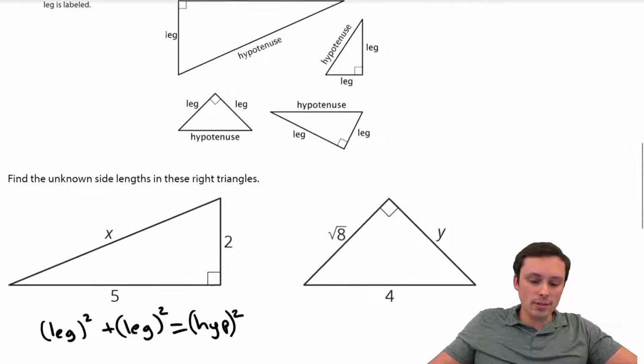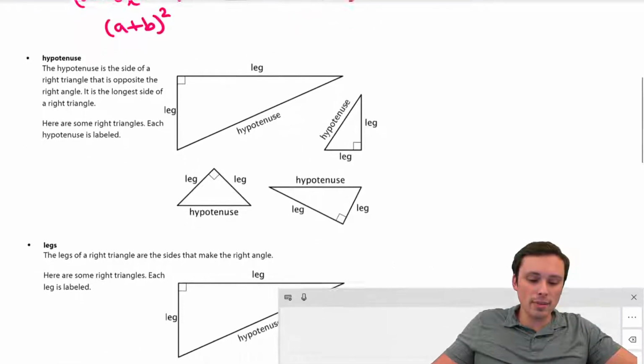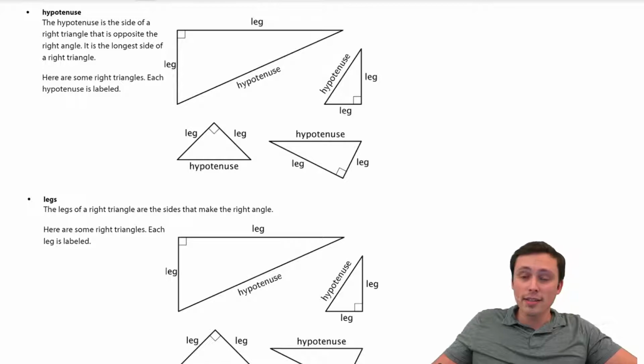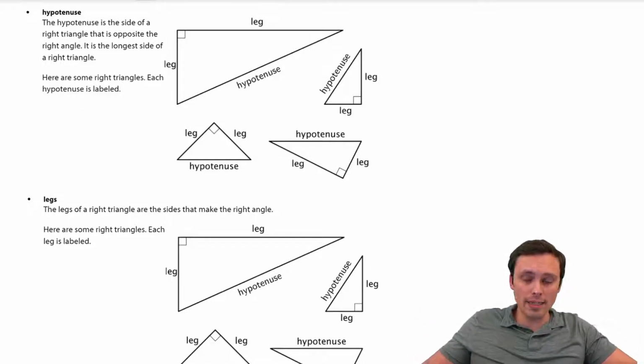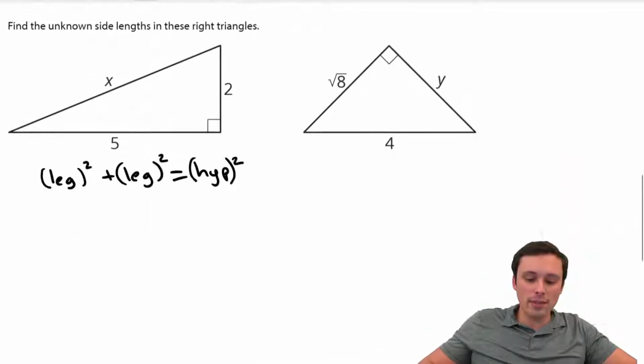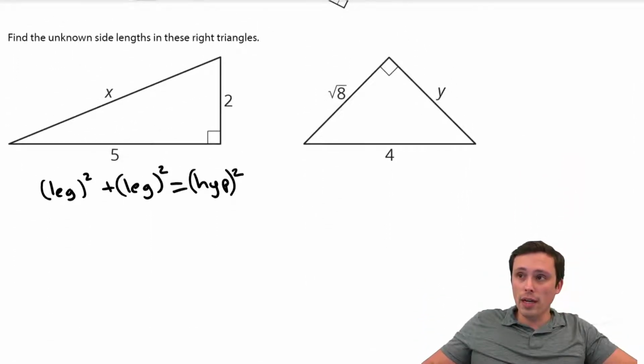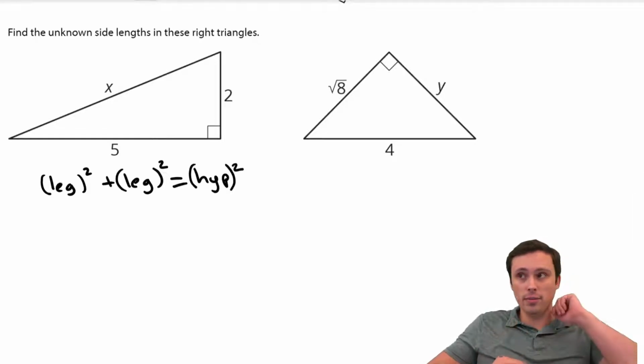I like writing it down using the actual vocabulary because some people make mistakes on these by putting the wrong value in the wrong spot, right? So I think it's valuable to memorize it and learn it using this method.